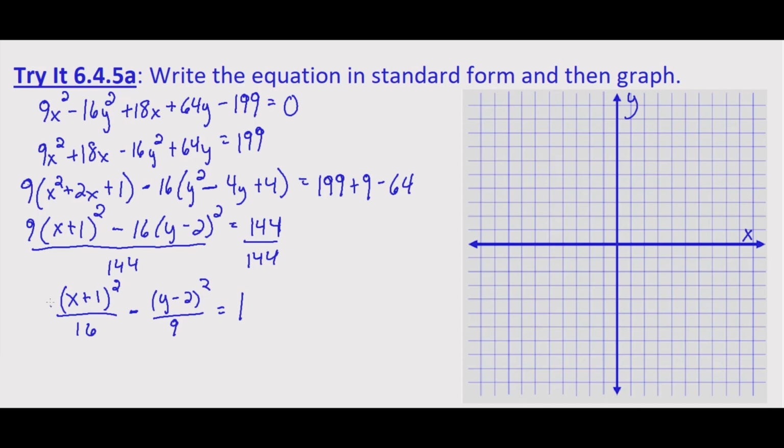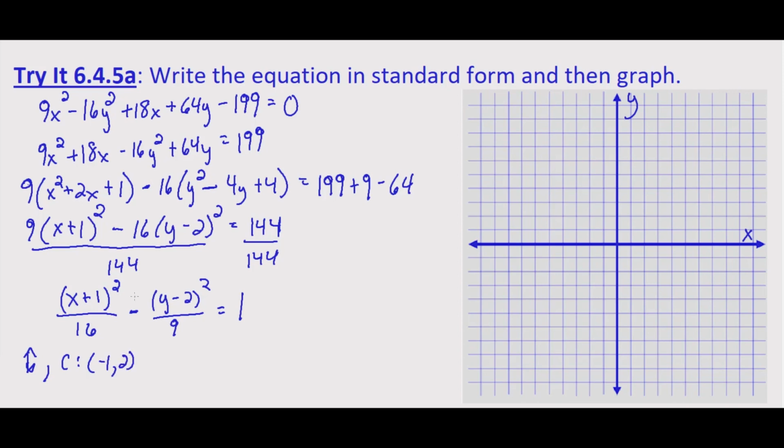So now we've put it in standard form: x plus 1 squared over 16 minus y minus 2 squared over 9 equals 1. The center is at negative 1, 2.